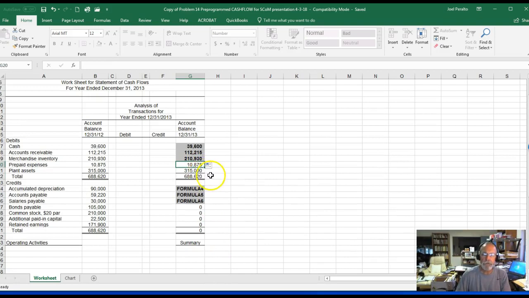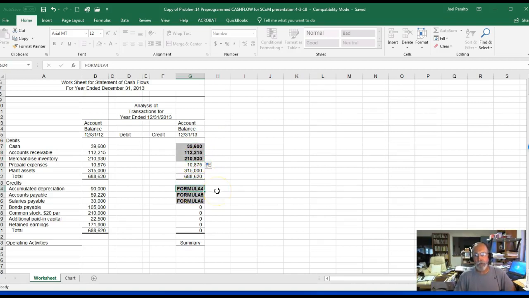So I was going to try and copy the formula all the way down, but the way these templates work is that they are asking the student for certain formulas, and then the spreadsheet is already set up to complete certain formulas like these two, which basically are dependent on information up above. So we have our three formulas up above for calculating these debit amounts.